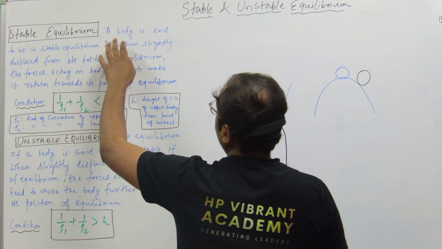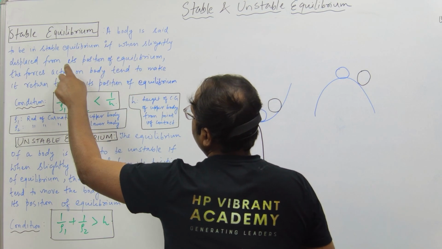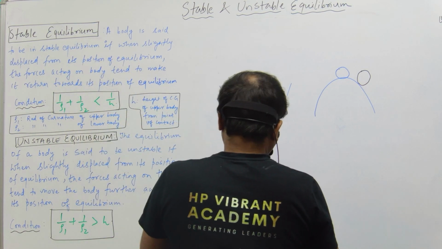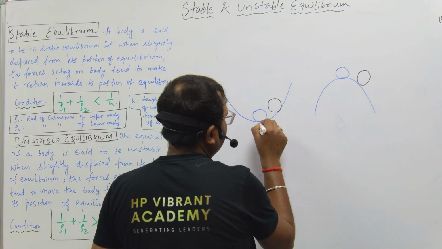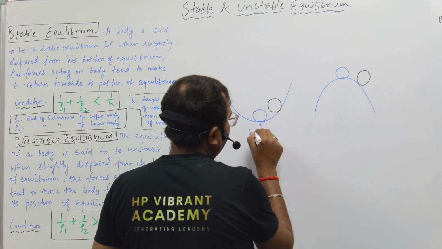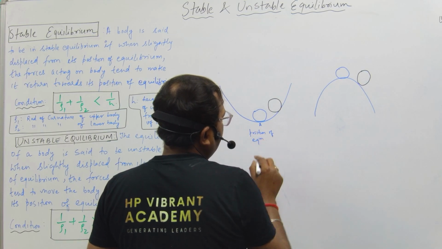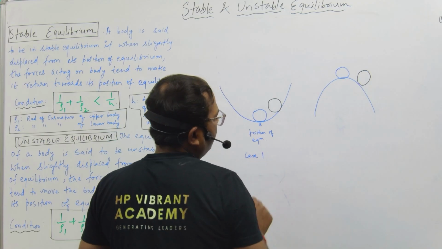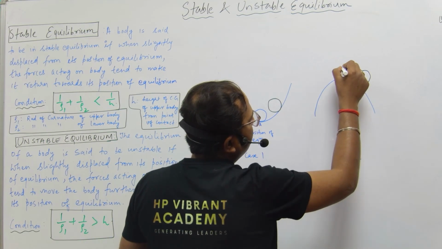A body is said to be in stable equilibrium if, when slightly displaced from its position of equilibrium, this is the position of equilibrium. Let us take this as A. This is case 1 and this is case 2, and this is the position of equilibrium.